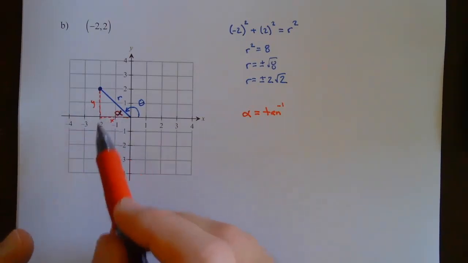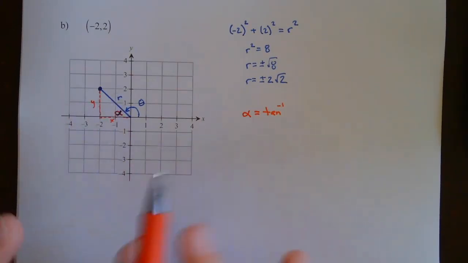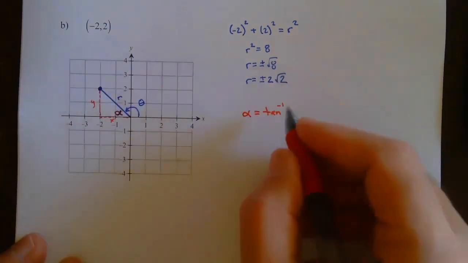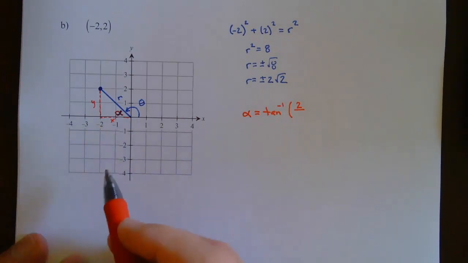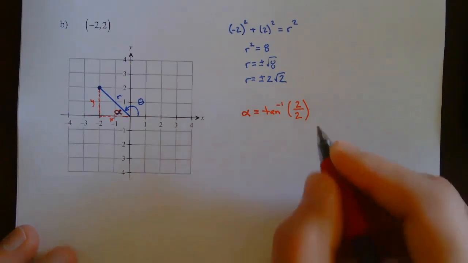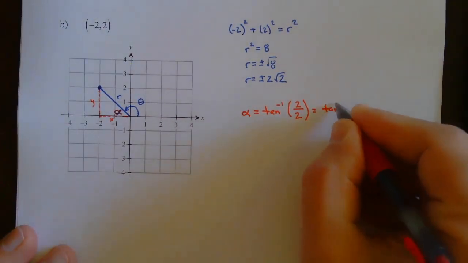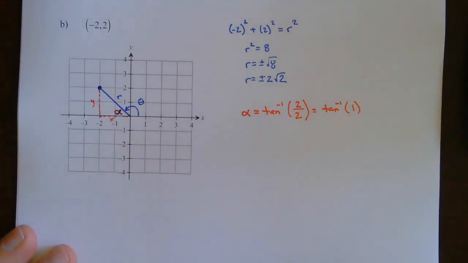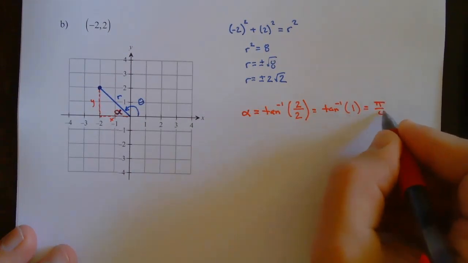So we're looking at this like you did in Math 2, where you had positive lengths for triangles. So ry is 2, and we have to think of this as being a length, instead of a direction. So 2 over 2, which would be tan inverse of 1, and tan inverse of 1 is equal to pi over 4.